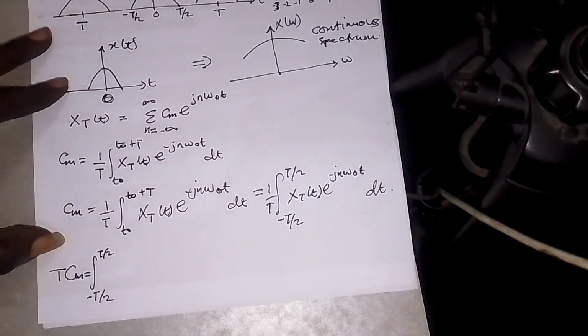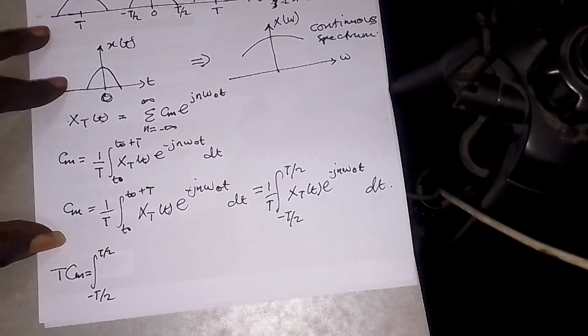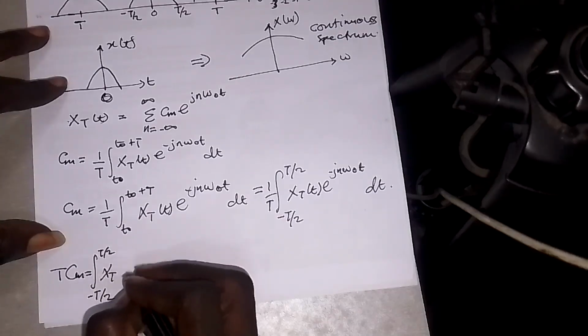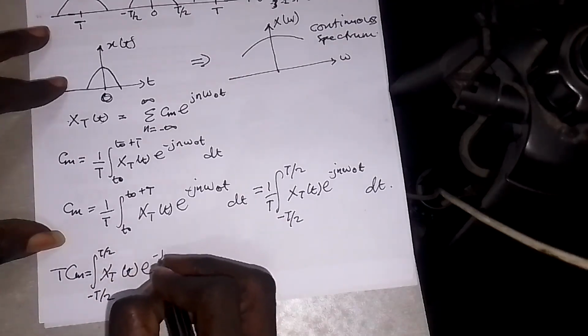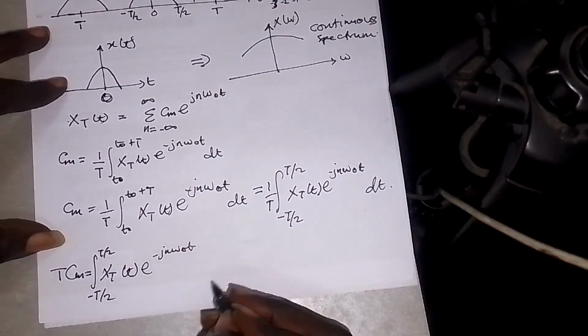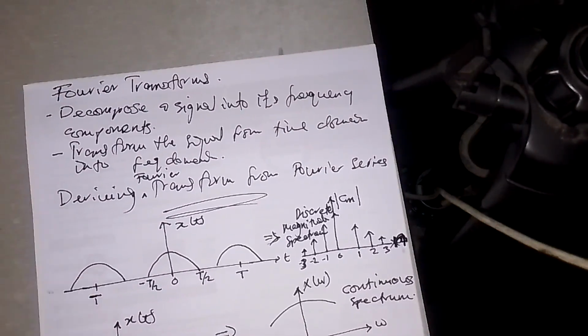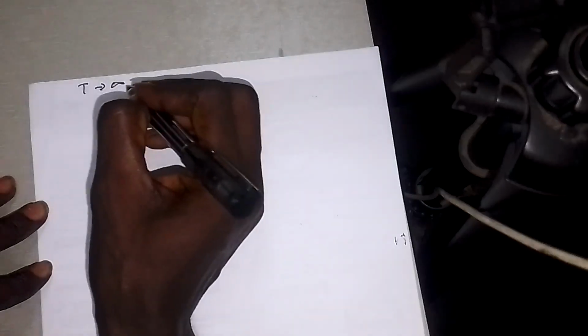Which is equal to x_T of t into e to the minus j n omega naught t. Now let's see the case whereby T is approaching infinity.